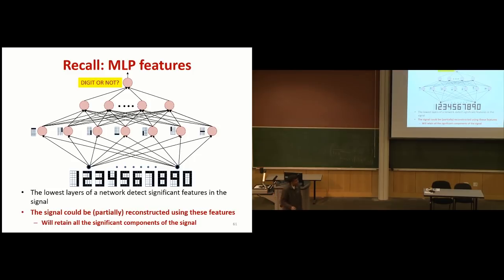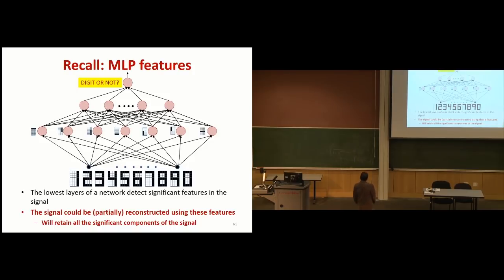That means I could technically go back and say, okay, this neuron is trying to detect small vertical bars, so if this neuron has fired, I know that the input has a small vertical bar. So based on the outputs of these neurons, I could go back and try to reconstruct the input, right?